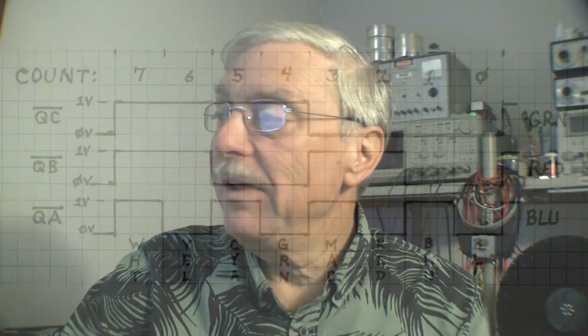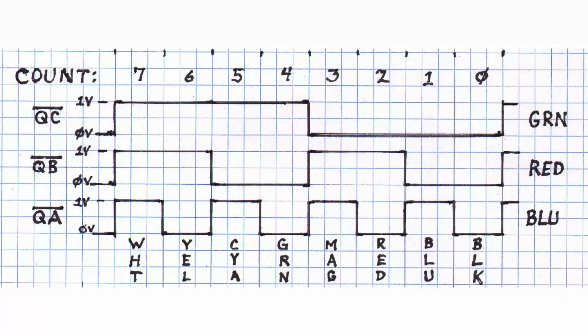Let's look at the waveforms that those images represented. You'll note on the left side that the output names are the outputs from a binary counter. QC0, QB0, and QA0 represent the outputs of a binary digital counter.